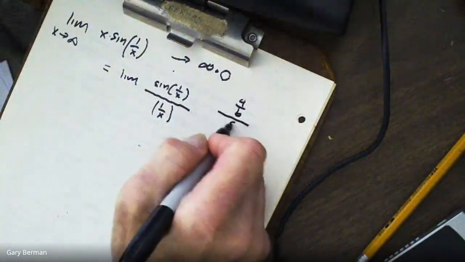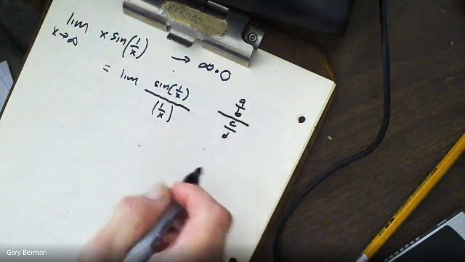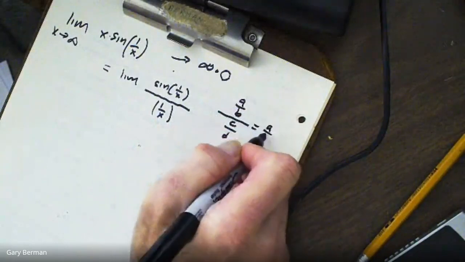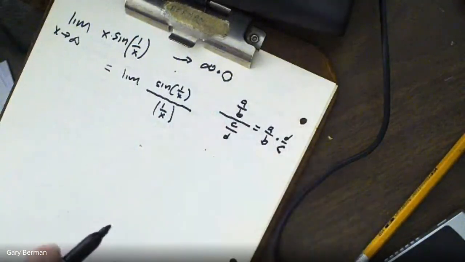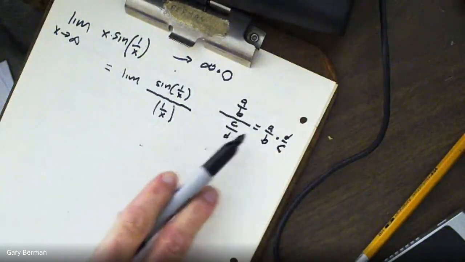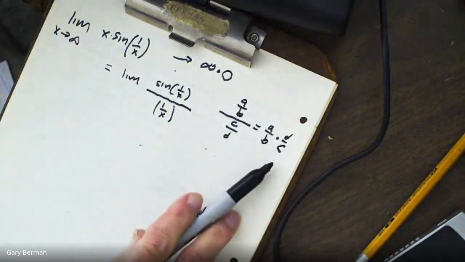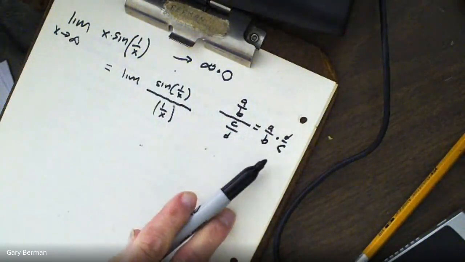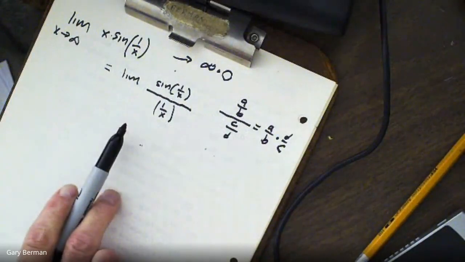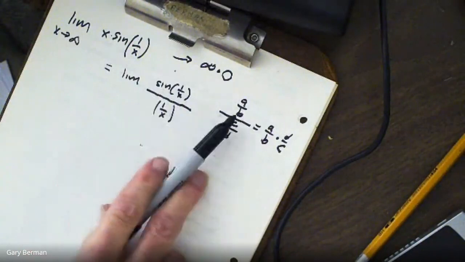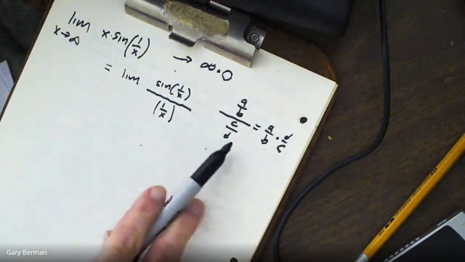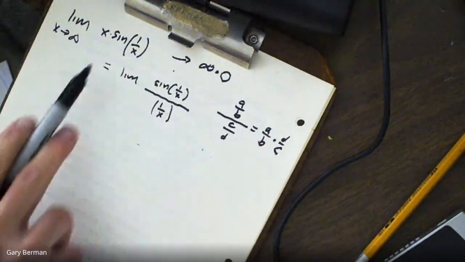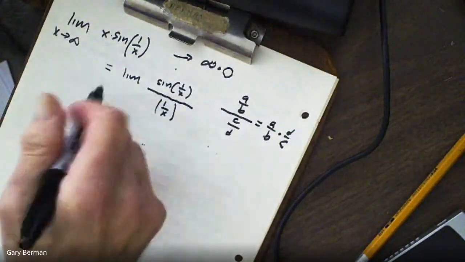A fraction divided by a fraction, a over b divided by c over d, is a over b times d over c. In this case, a is sine 1 over x, b is 1, c is 1, and d is x. So this formula tells you that this is exactly the same as the original thing we started with.